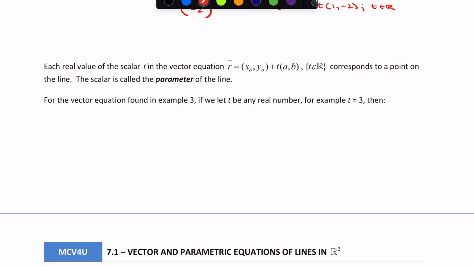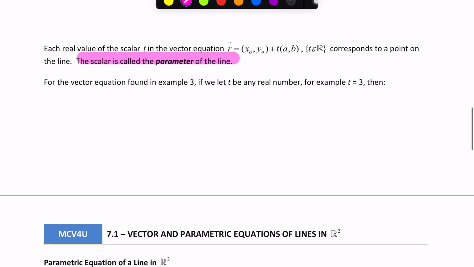Okay, and so here each value of the scalar t in the vector equation, vector r equal to (xo, yo) plus the scalar multiple t times (a, b), t being an element of the real numbers, corresponds to a point on the line. The scalar is called the parameter of the line. So here for the vector equation found in example 3, if we let t be any real number, for example t equal to 3, then we can sub that in.